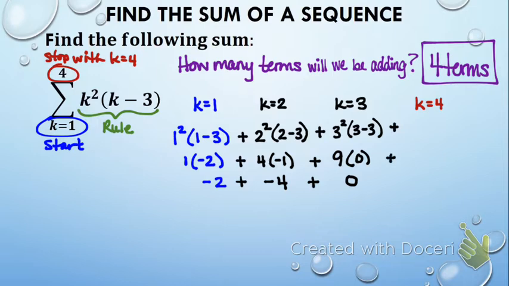And then the term that we're going to stop with, we're putting 4 in the place of k, so 4 squared times 4 minus 3, and this simplifies to what? 16. And then we're going to add all of those up.